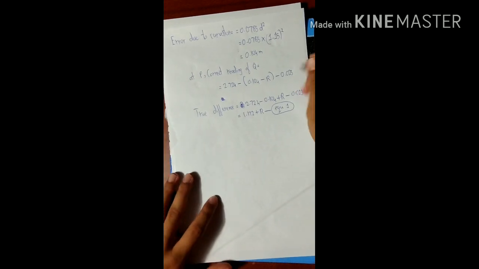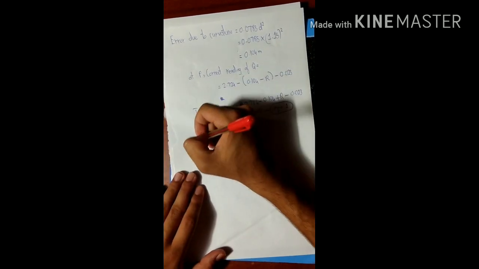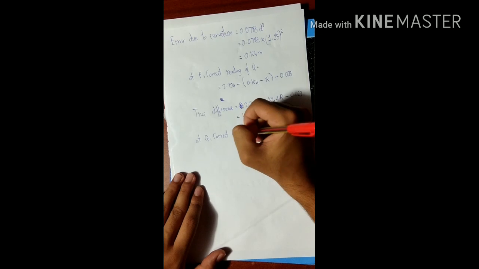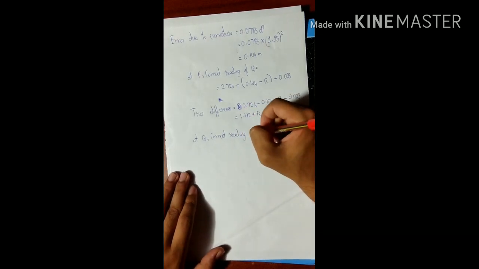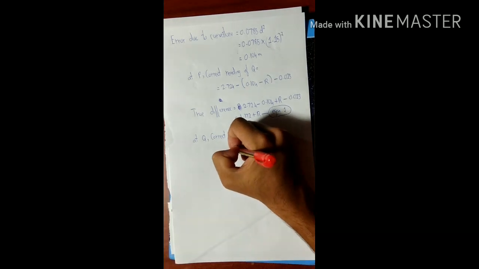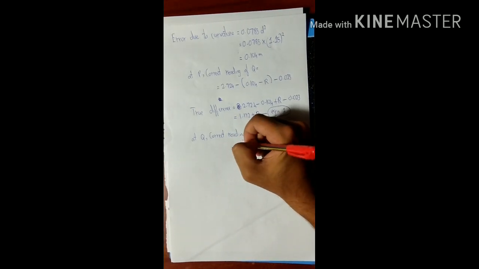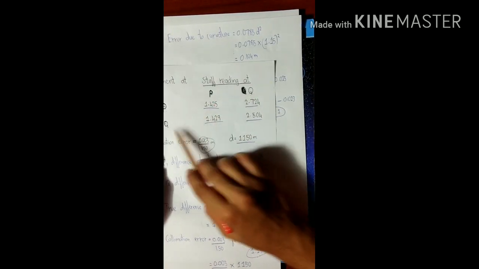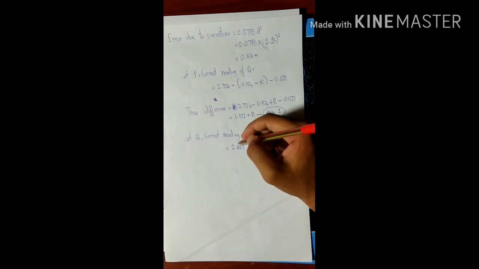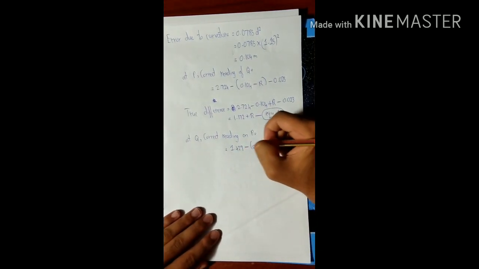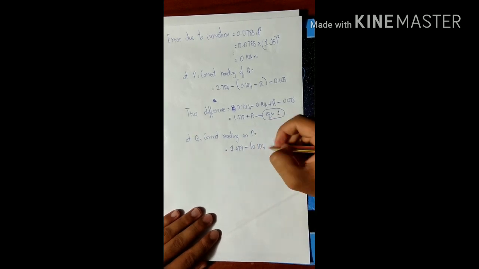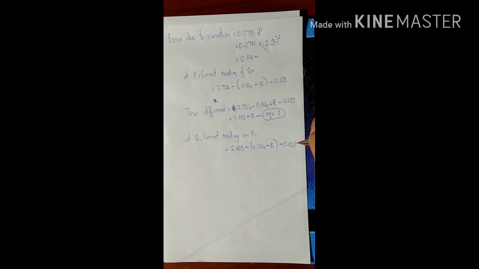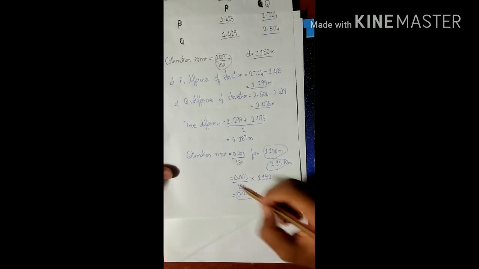Now we have to find the correct reading on P with the instrument at Q. At Q, the correct reading on P is given by 1.429, that is the staff reading at P as viewed from Q, minus 0.104, the error due to curvature, minus R, the error due to refraction, minus 0.023, the collimation error.